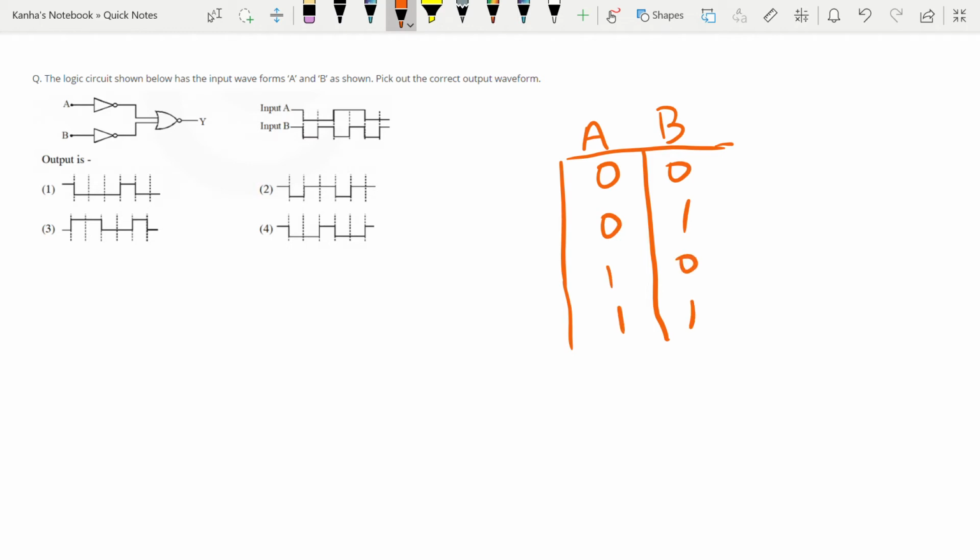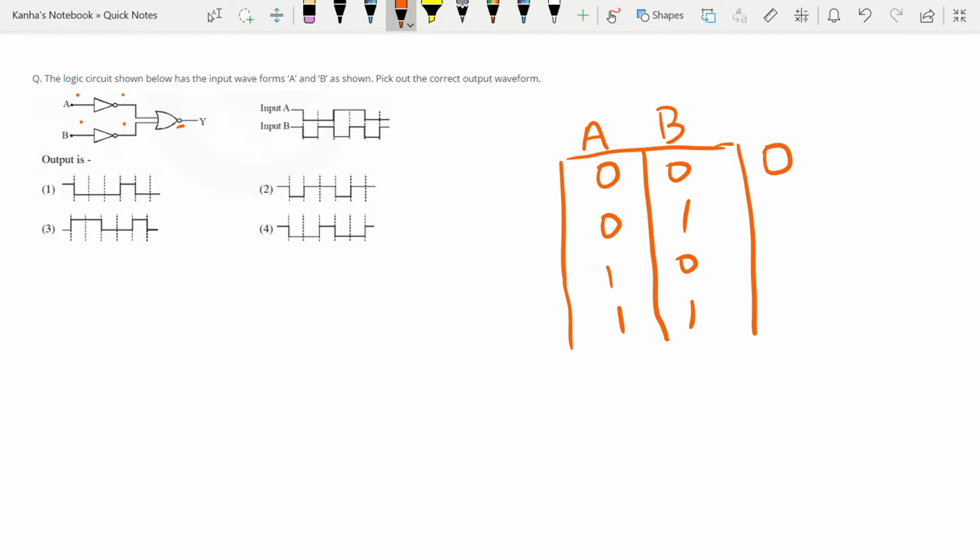Let's take the first case of 0 0. If I start with 0 0 here, there is a NOT gate here, so my 0 will become 1 and my 0 will become 1 here. Now 1 and 1 will go to a NOR gate, there is a circle here. So 1 and 1 will go in and you will get a 0 as the output.